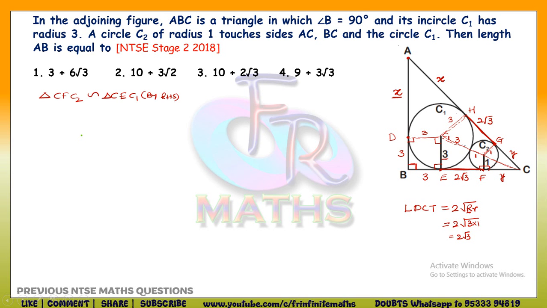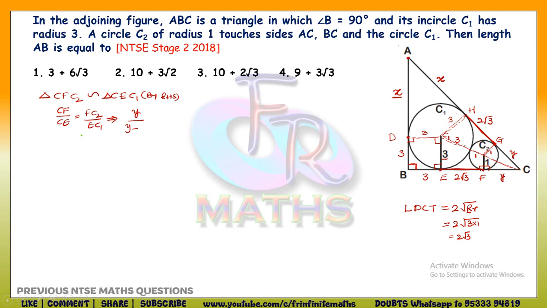We can say that these two triangles are similar to each other. Since we don't know the C1 value and C2 value, other than those two sides, the remaining two sides we can take as proportional. So CF by CE is equal to FC2 by EC1. When I substitute the values, CF is Y, divided by CE.